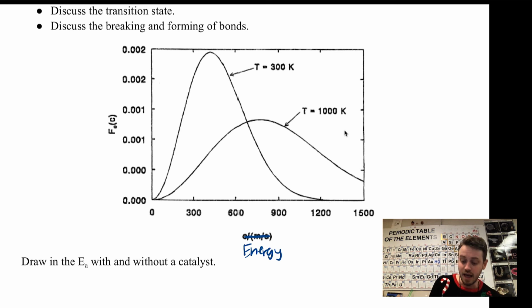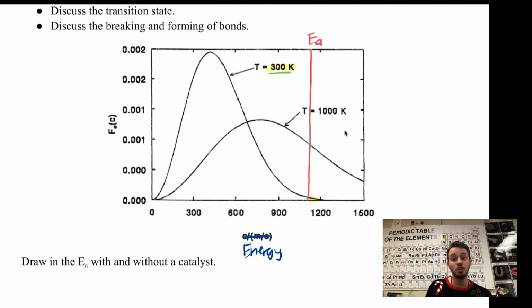Those are things that we should see already. I'm going to draw in an activation energy. So that is going to be an activation energy, the energy that's required for a collision to be successful. At 300 Kelvin, those are my only successful collisions.